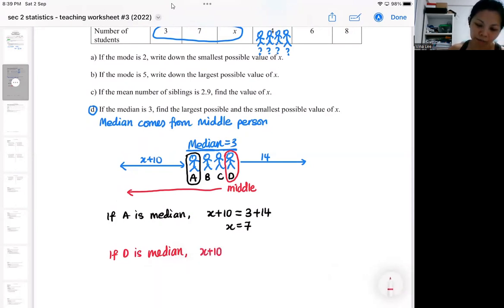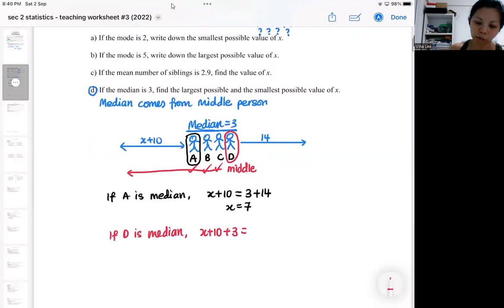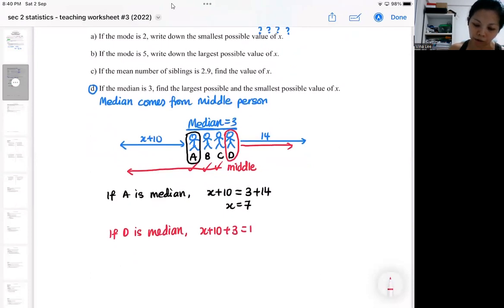X plus 10, and these 3 persons are on the left, will be equal to the number of people on the right. So if D is the middle guy, there is the odd one out in the middle. So the number of people on the left will be equal to the number of people on the right. So from here, you got X equal to 1.